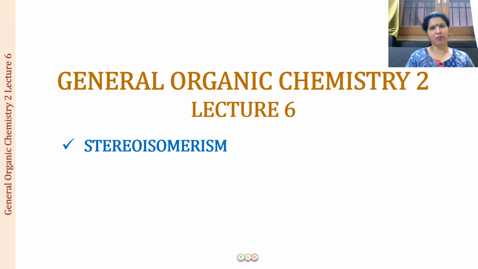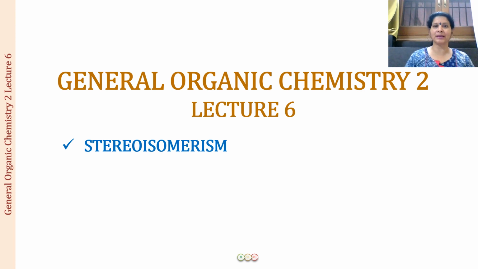Now, this is a very important topic, and in fact, trust me, the students do find difficulty in understanding the concept. But with us, I am assuring you that you will be able to understand the concept very well. Why? I'll tell you that. Well, stereo-isomerism is going to be an isomerism, so the compounds will have the same molecular formula.